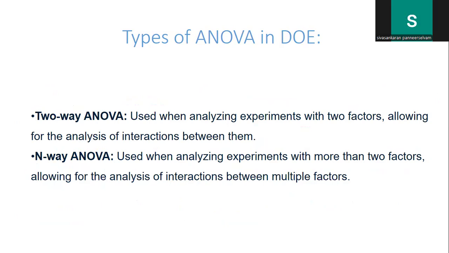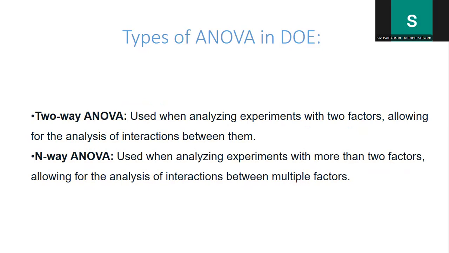What are the various types of ANOVA in design of experiments? Two-way ANOVA, that is two-factor ANOVA, is used for analyzing experiments with two factors only, and we have to find out the interaction between them.